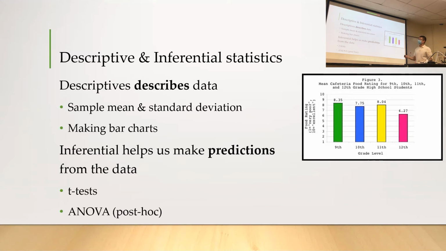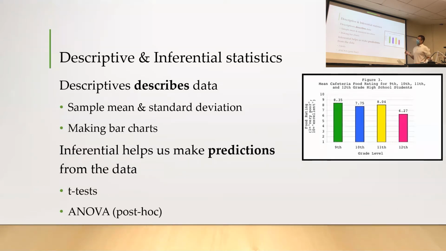Also, it allows you to make a bar chart, so you can show, for example, you have 4 groups, and then the mean for group 1 is 8.35. You kind of know this, right? It's not necessary in stats only. It's also in a lot of other majors.